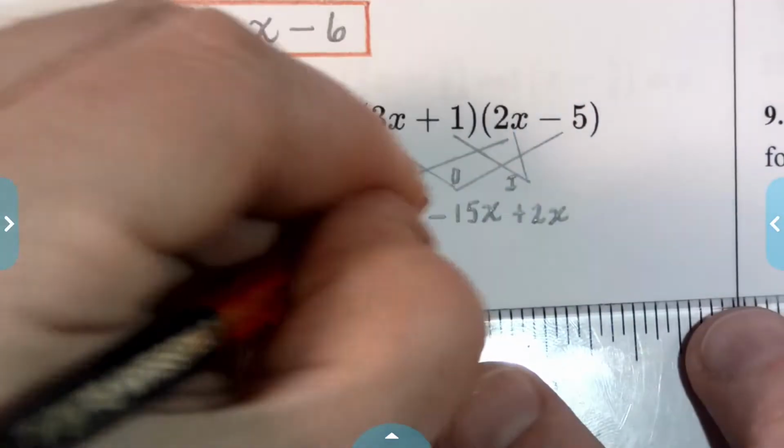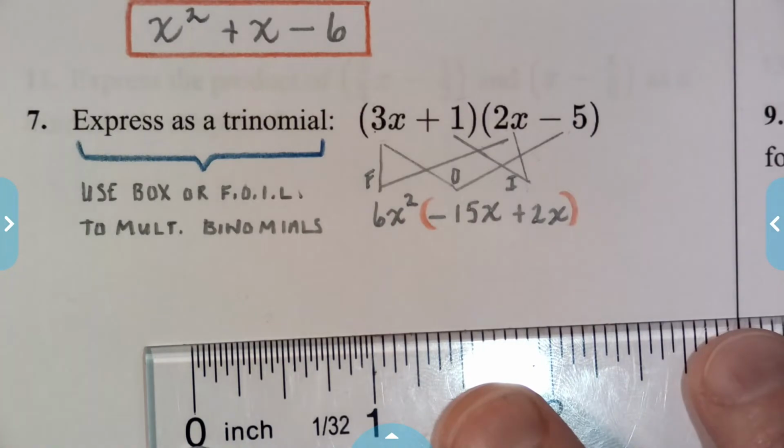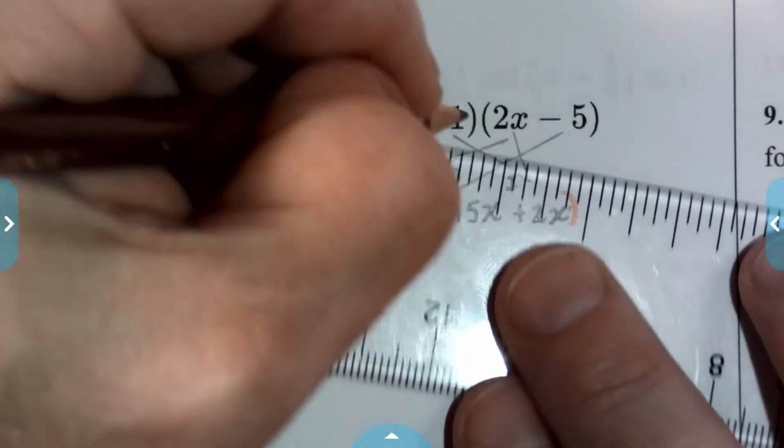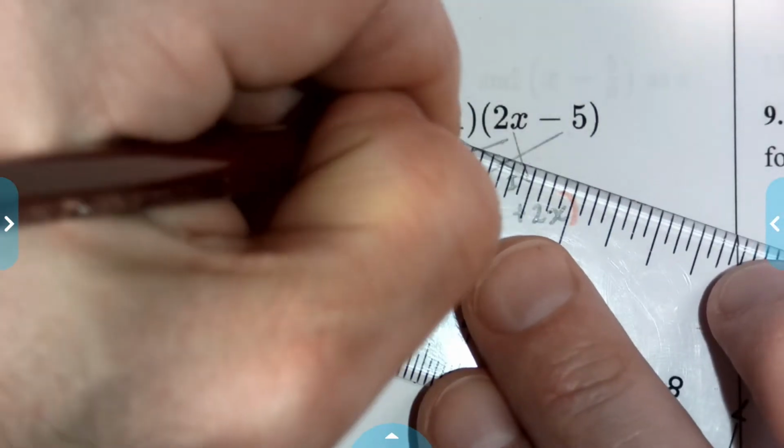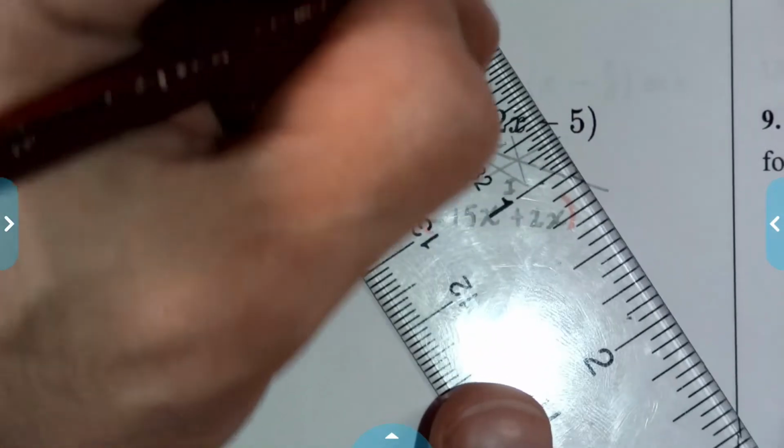Notice right away that these terms are like terms. They always will be. And then last times last. 1 times -5 is just -5.